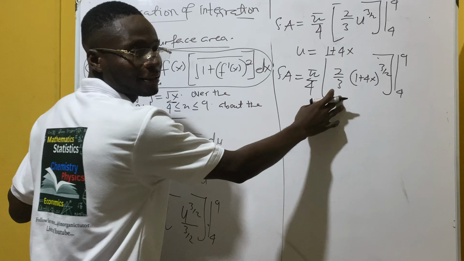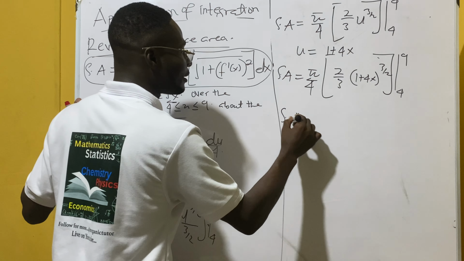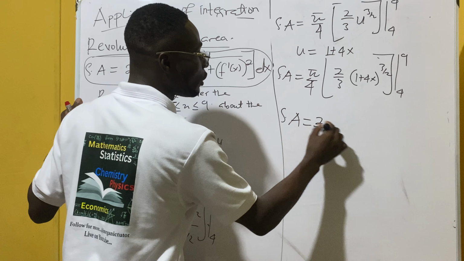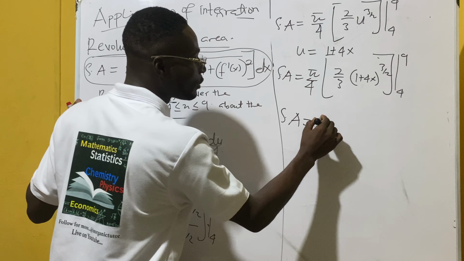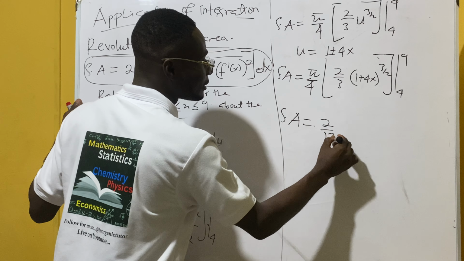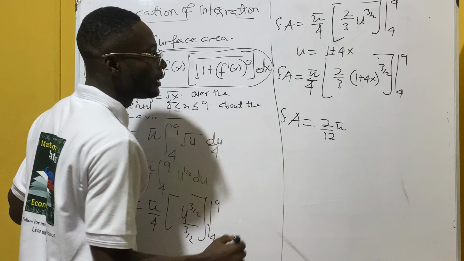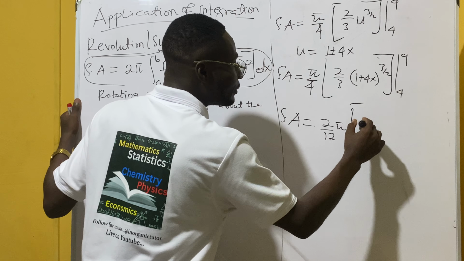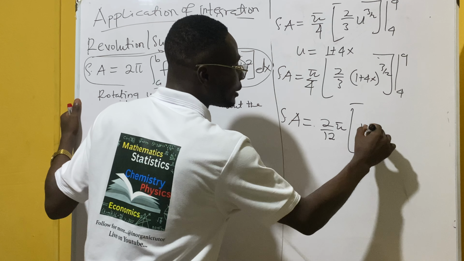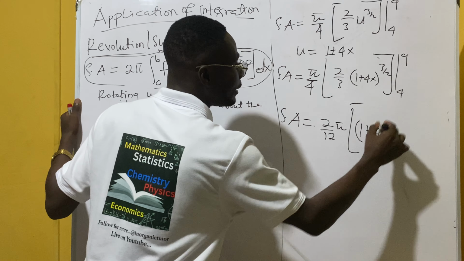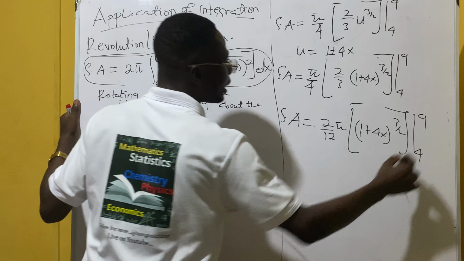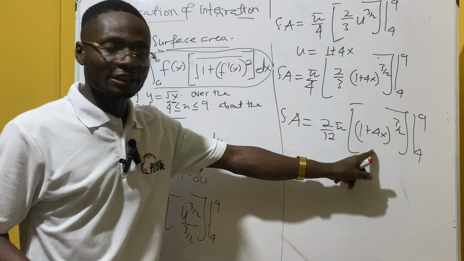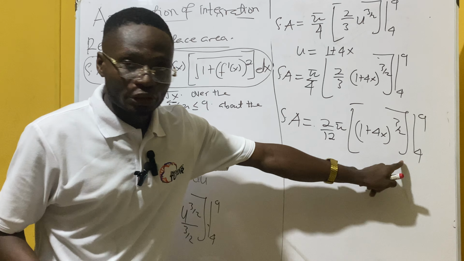We can factor this out, and we have our surface area to be equal to 2 on 3 times 1 on 4, and that's basically 2 on 12, right? 2 on 12 pi. Then we integrate 1 plus 4x power 3 on 2 from 4 to 9. So when we do this integration, let's substitute the limit.